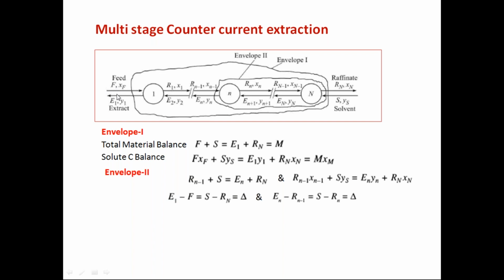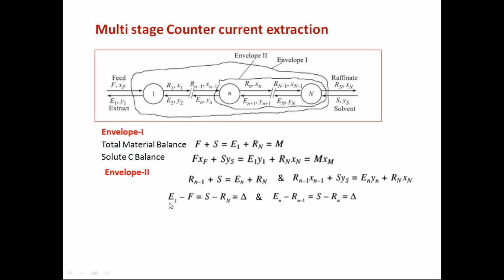Here, if you see the input minus output, maybe you can say that is the accumulation at this end. F is entering, E1 is coming out. So the difference delta, and this side S minus Rn, is equal to the difference delta.